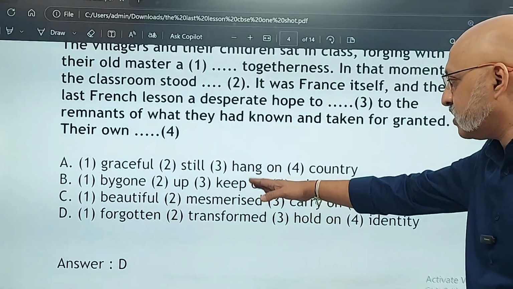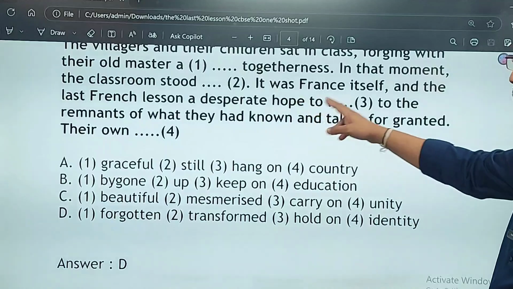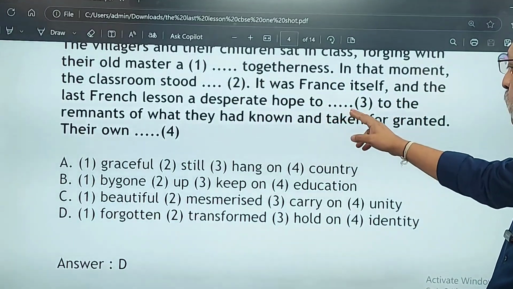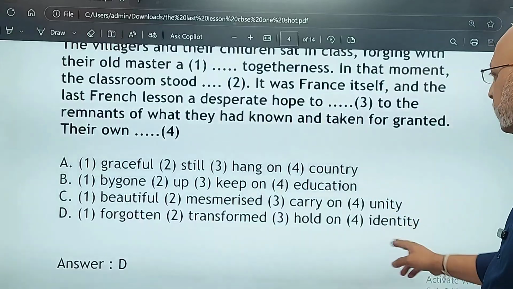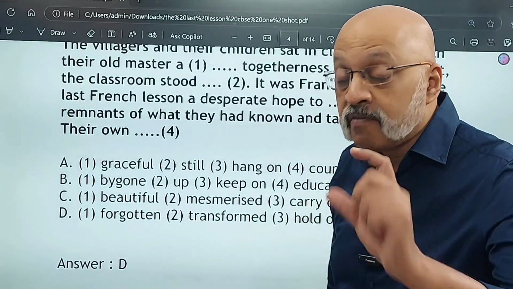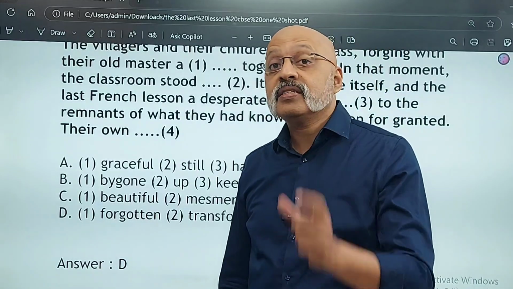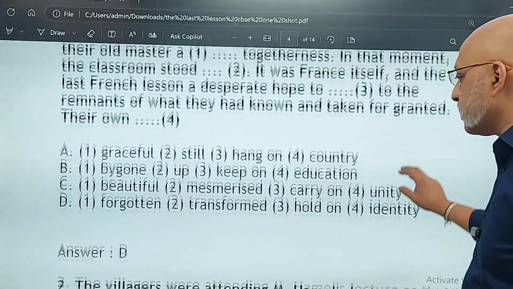It's not mesmerized, it's not hang on, keep on, it's not still or up. So then it was France itself and the French had a desperate hope to hold on to the remnants of what they had known and taken for granted, their own identity. So this identity, what I said right at the beginning, which is why I did the revision. Identity is an extremely important word as far as the last lesson is concerned.